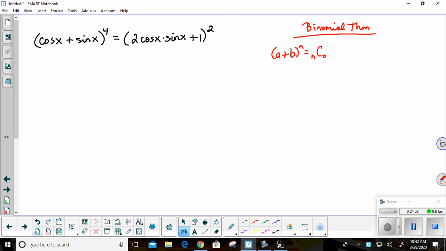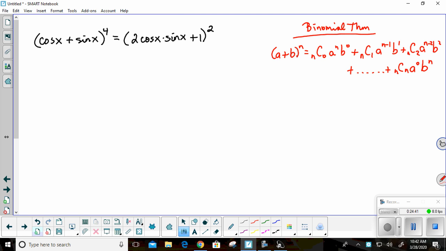N choose 0, a to the n, b to the 0, plus n choose 1, a to the n minus 1, b to the first, plus n choose 2, a to the n minus 2, b squared, plus, and you keep going with that until you get n choose n, a to the 0, b to the n. Now, you guys are probably going, what the what? We did actually do this in Chapter 6 of Algebra 2.